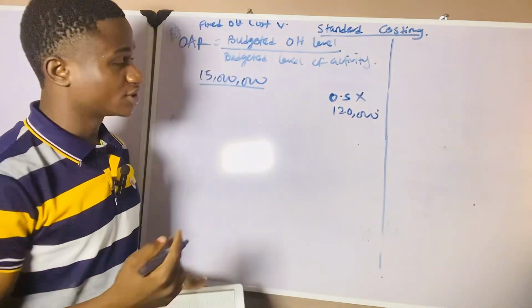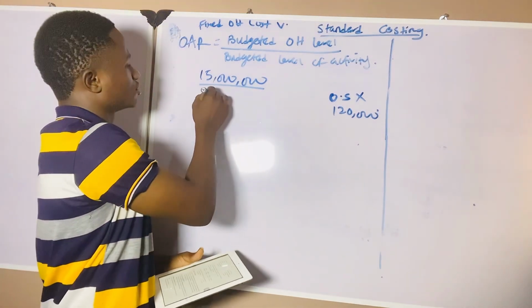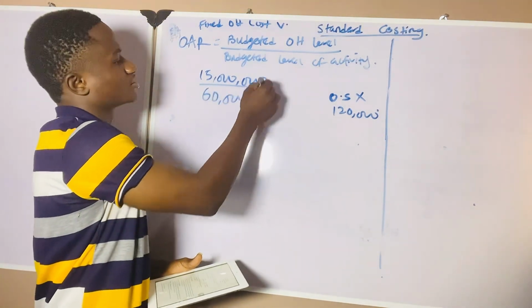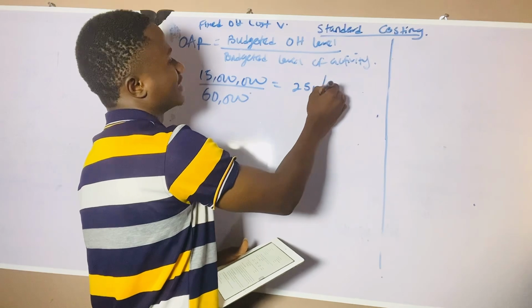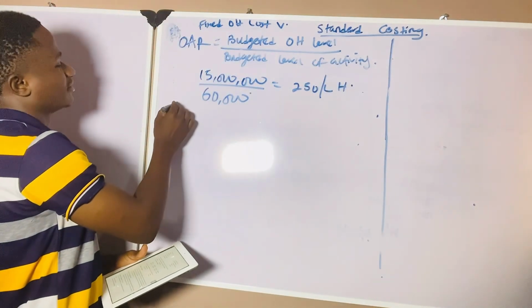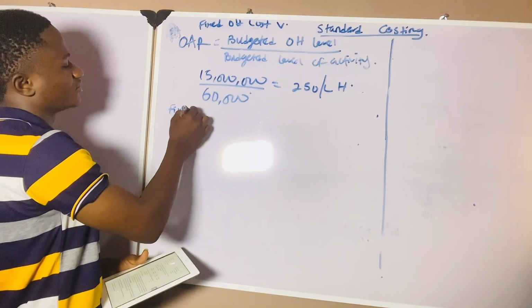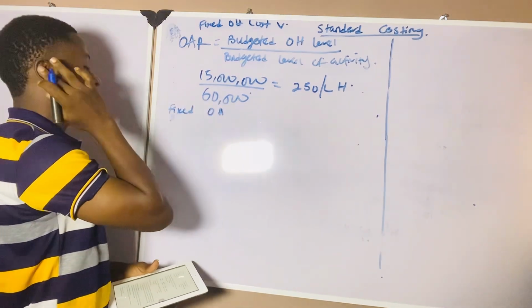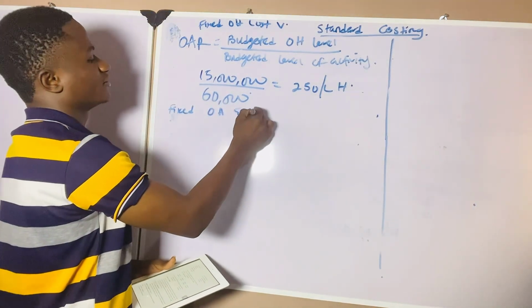So 0.5 times 120,000 gives me 60,000. So 15 million divided by 60,000 is 250 per direct labor hour. So let's go. What is the fixed overhead expenditure variance?